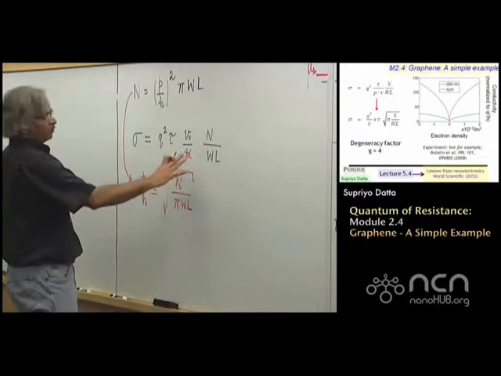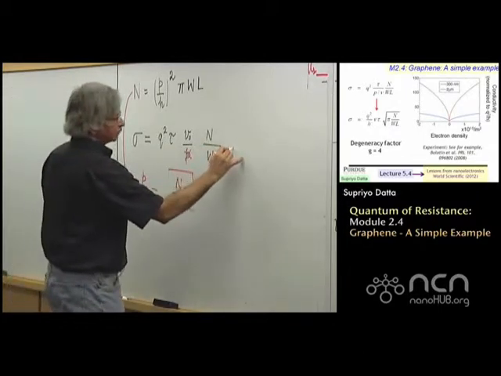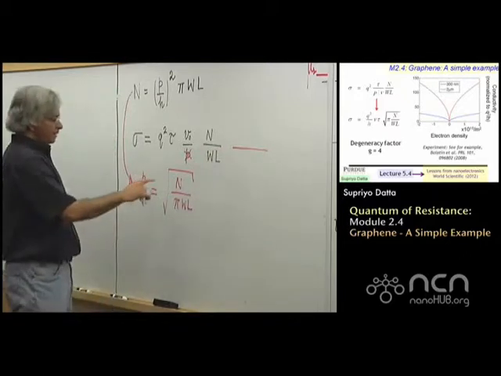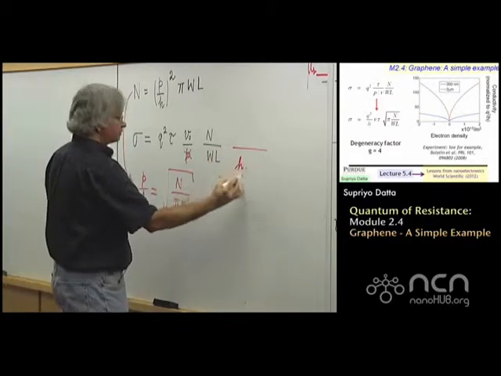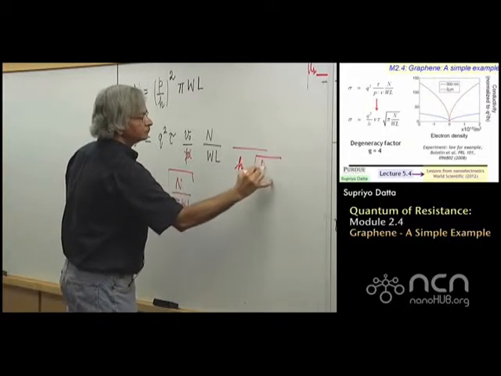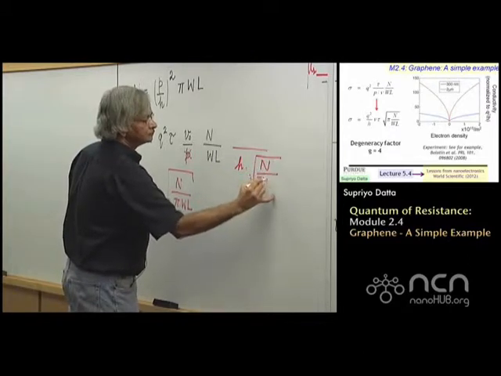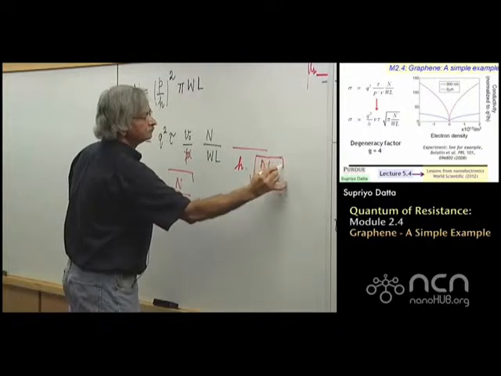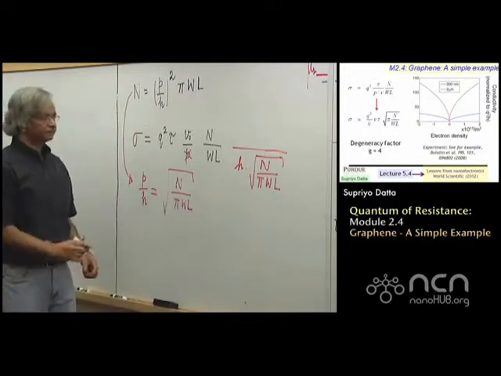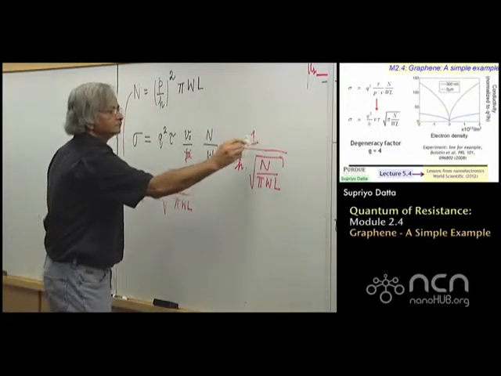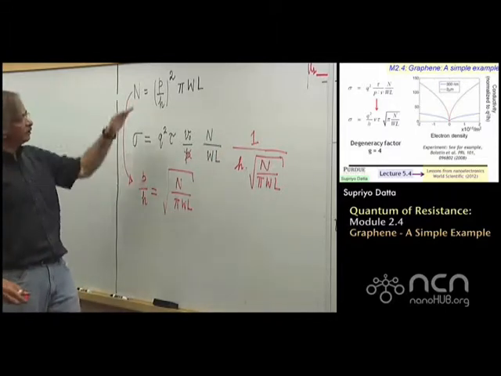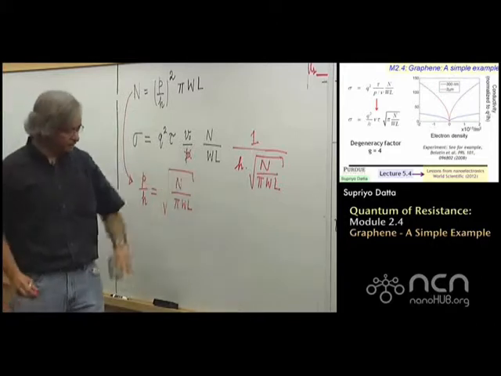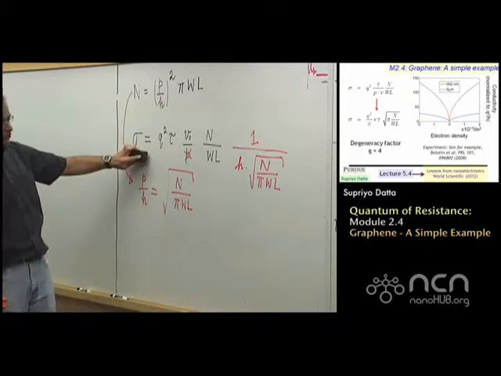This is like 1 over P, so I'll write this here as equal to H times that. So instead of the P, I have put in what I obtained from that relationship.